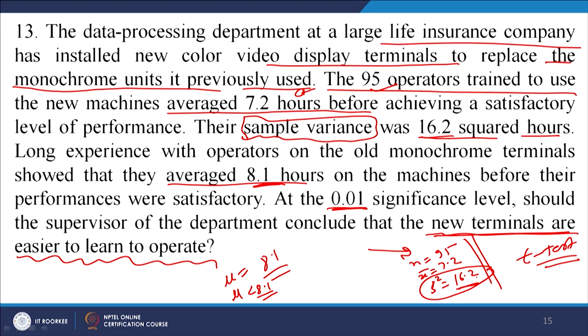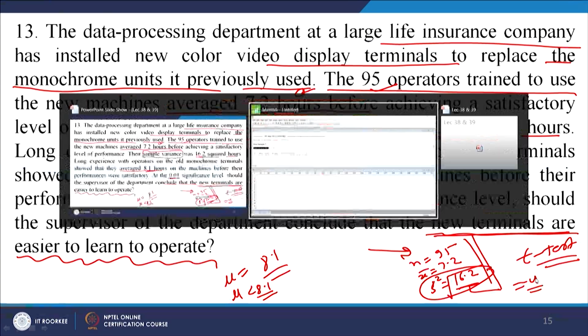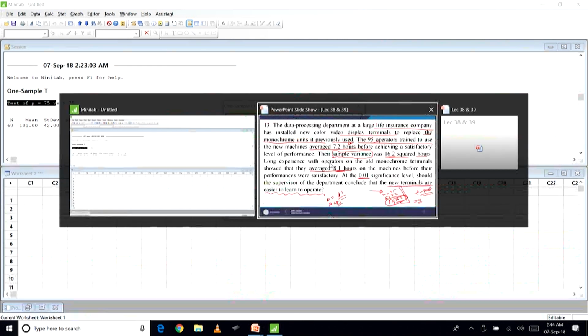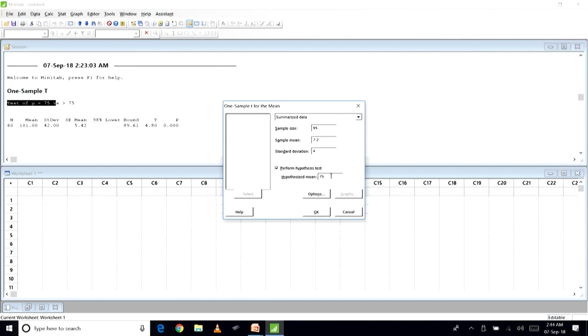So, we have to enter standard deviation, so under root of this. So, let us take it 4, right, approximately 4 point something. So, we will enter standard deviation as 4. Hypothesized mean would be 8.1.